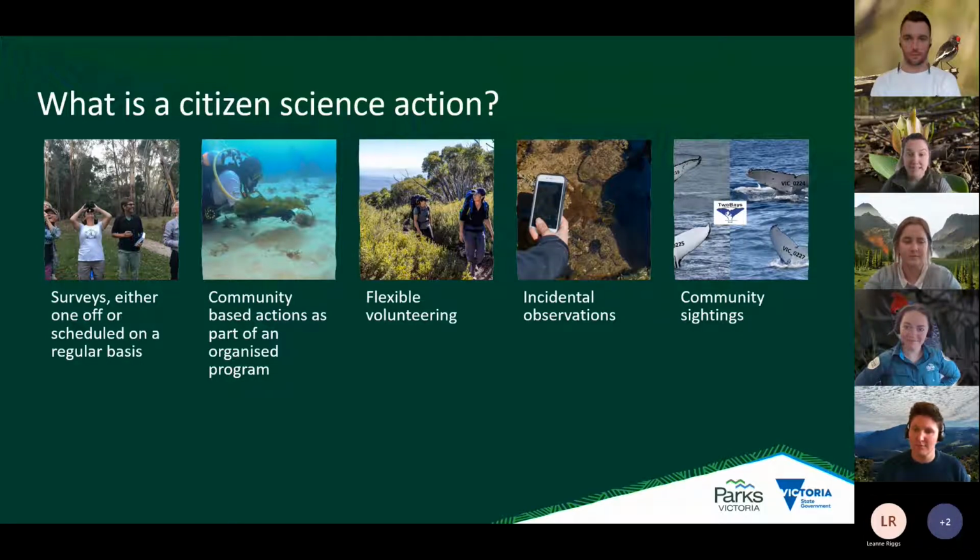It's pretty amazing. There are some really lovely stories out there of people who are identifying the different whales and reporting some really awesome numbers, which is fantastic. But yeah, just a little bit of a snapshot of what kind of citizen science actions can be undertaken or are out there or opportunities to participate in, but we will delve into a couple of those in a little bit more detail.